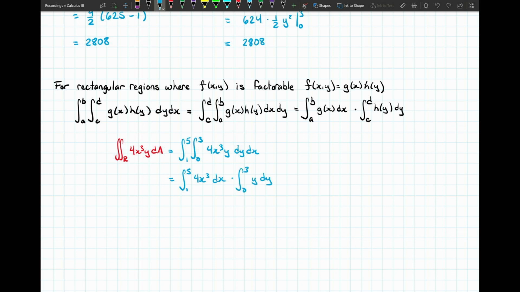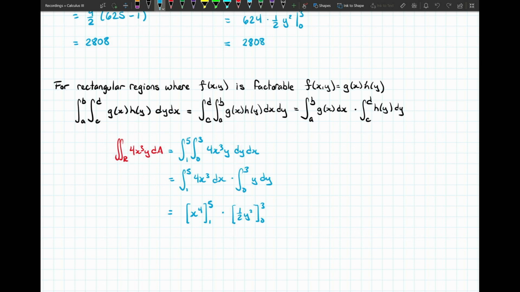Now we're really just relying on single variable calculus. Nothing here is even treating other variables as constants anymore. Now that we've got these two separate variables, we can just find antiderivatives. The antiderivative of 4x cubed would be x to the 4, and the antiderivative of y would be 1/2 y squared. And we just need to evaluate from x equals 1 to 5 for that first definite integral, and y equals 0 to 3 for the other definite integral.